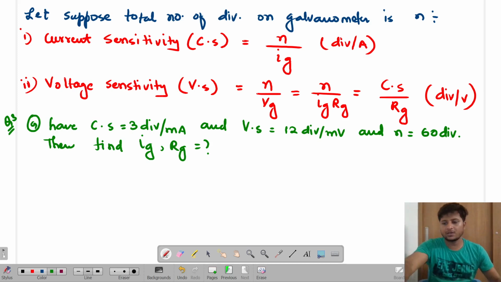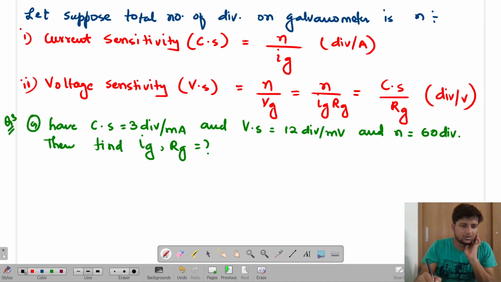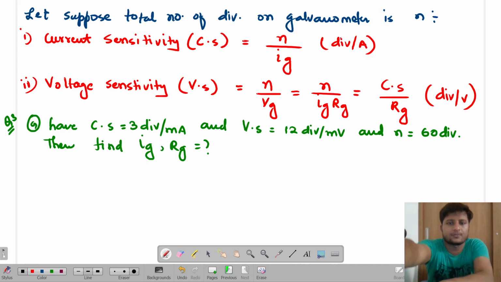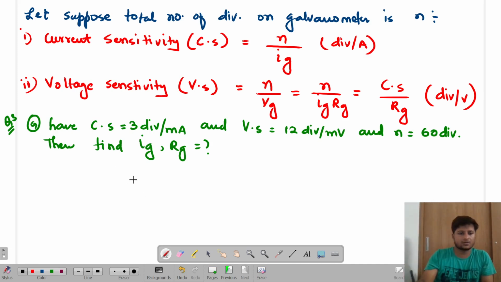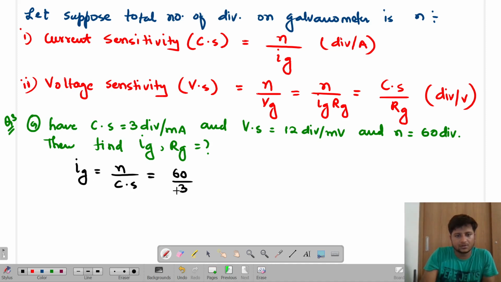It says that the galvanometer current sensitivity and voltage sensitivity are given. So the current sensitivity is defined as the number of divisions by current. Sorry, galvanometer current. So 60 by how much? 3. I think it is correct, isn't it? So current is how much?